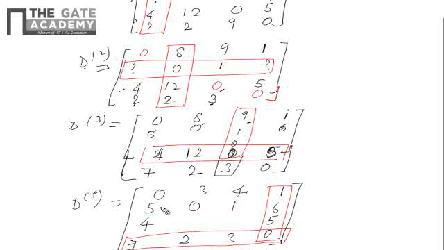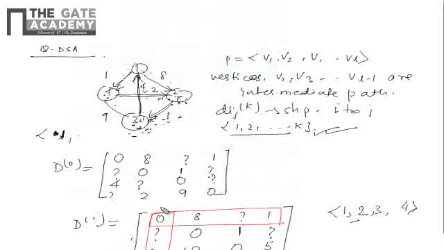Now check 3 comma 2. 3 comma 2 was initially what? Yeah, 3 comma 2 was 12, right?